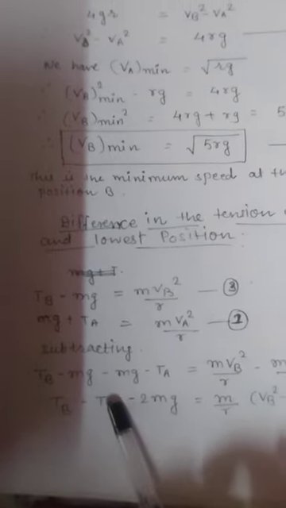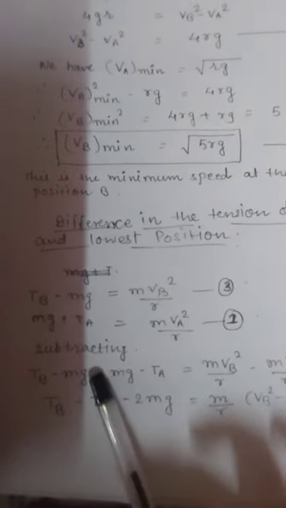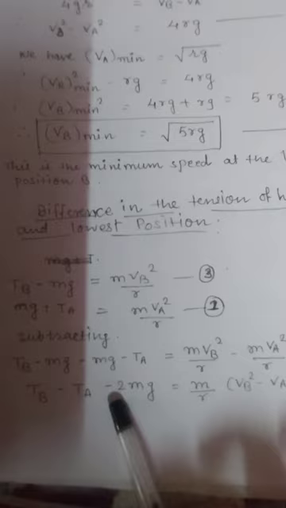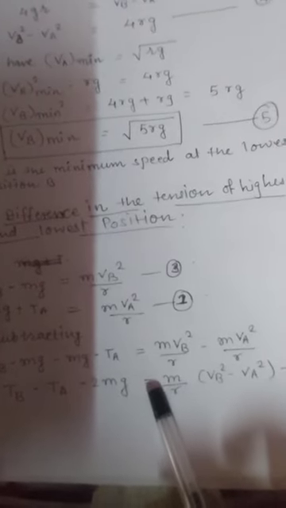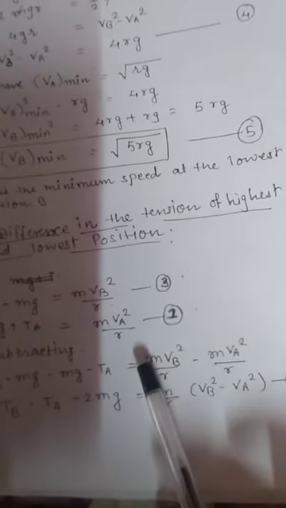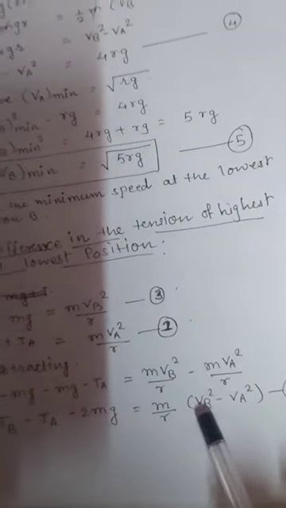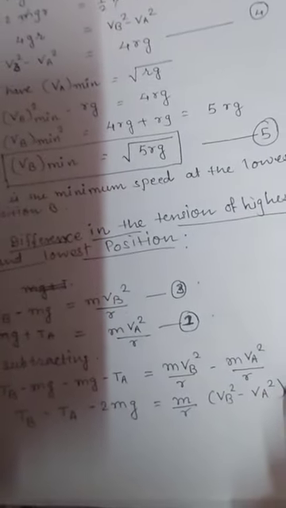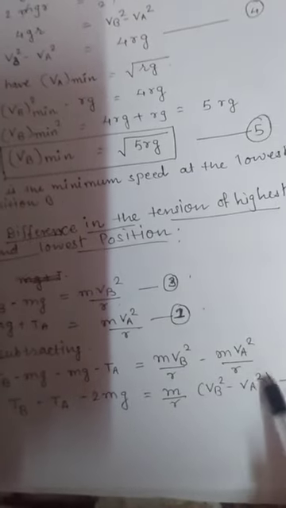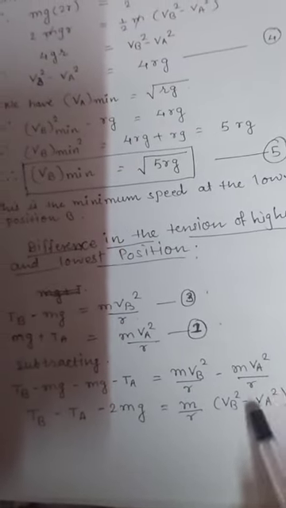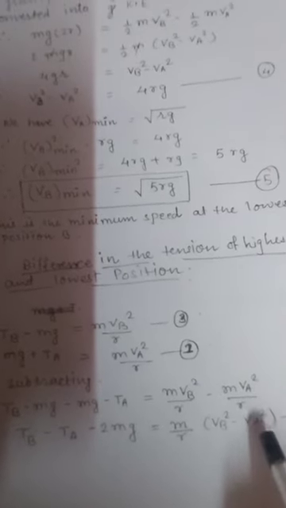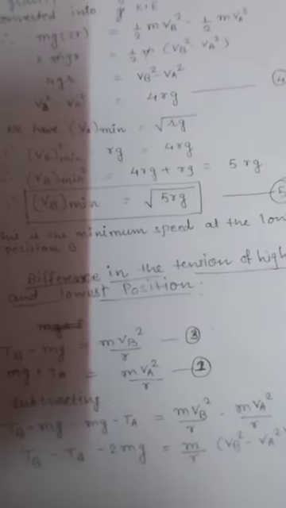Now here Tb minus Ta, and this minus mg minus mg is minus 2mg, is equal to m upon r taken common. So what will remain in the bracket? vb square minus va square. And this value we have already found in equation number 4. So let us substitute this value here. What will we get further?